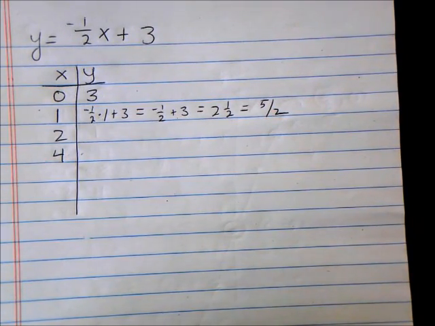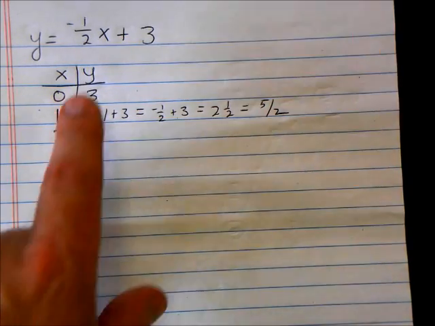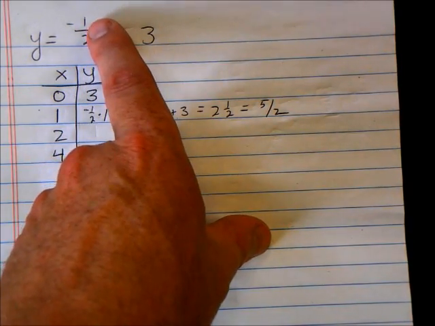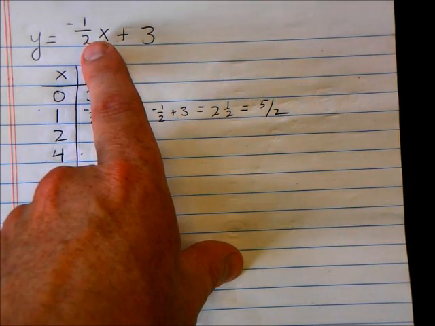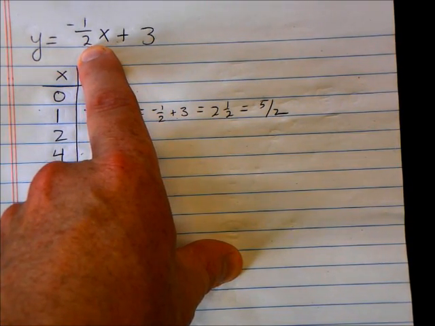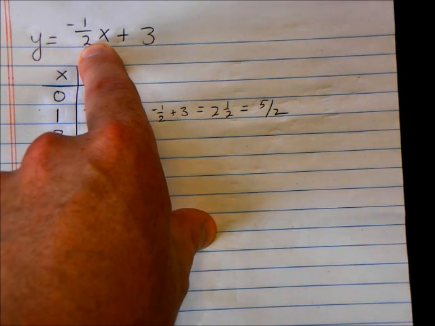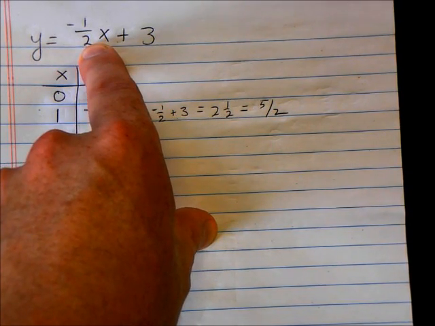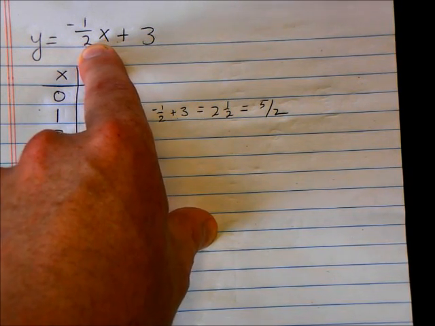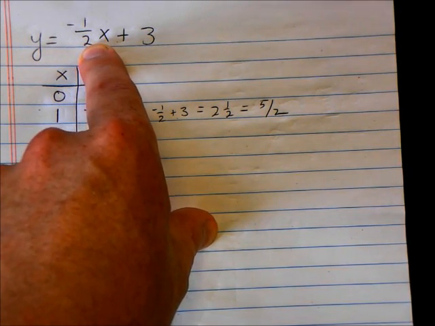You don't just want to use 1 and 2. It's a good idea to pick some numbers to try to make that fraction go away. So if this fraction were 2/5 maybe, what would be good numbers to pick? 5 and 10, how come? They're multiples of 5, they will make the fractions disappear. So that's kind of what you want to do.